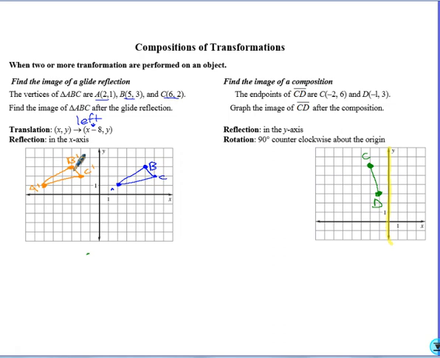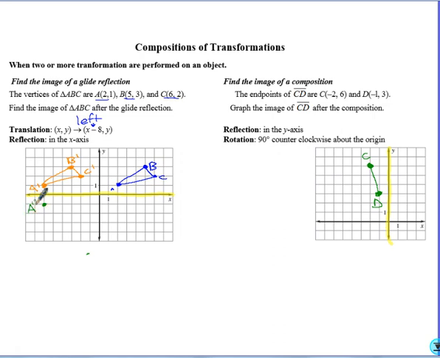So when you do the first transformation, you still want to label it A prime, B prime, C prime. And now our next thing is a reflection in the x-axis. Just as a reminder, the x-axis is here, and whenever we do a reflection, we're counting each point. So point A is 1 away, and then we go 1 in the opposite direction.